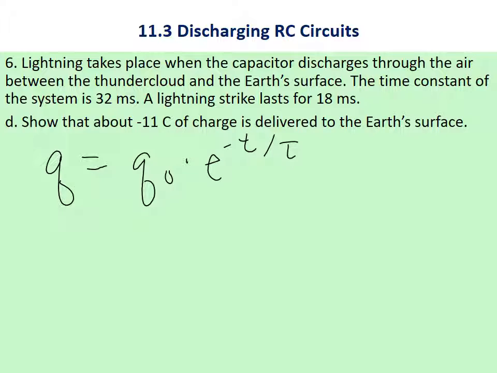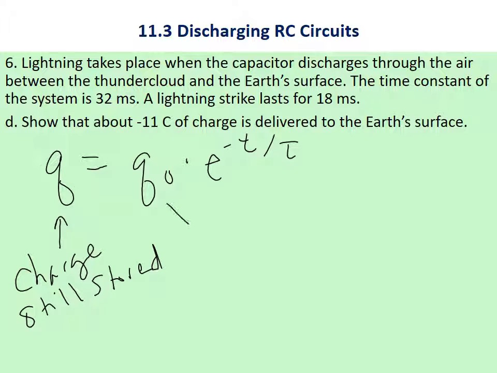Now, when I calculate this, Q tells me how much charge is left over in the system, or how much charge is still stored. Q naught is the original amount of charge, which from the previous slide or on your paper is negative 25 coulombs.